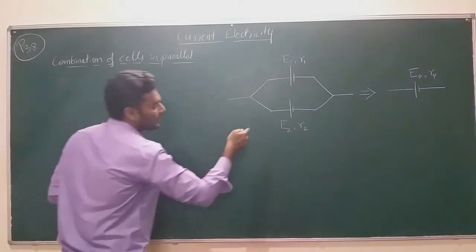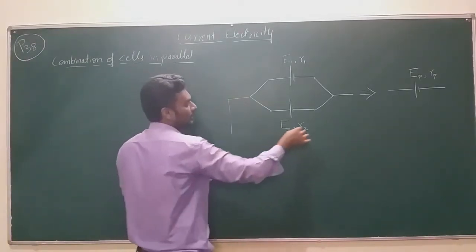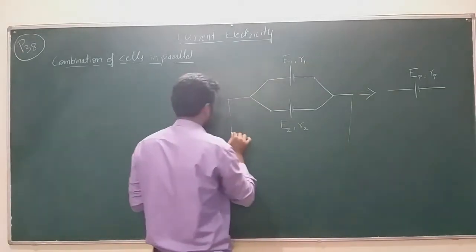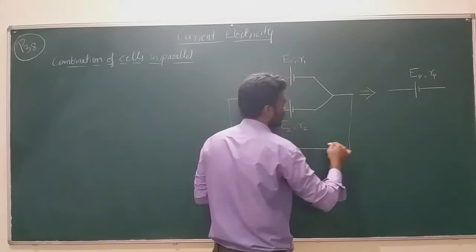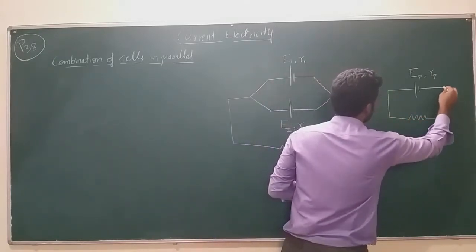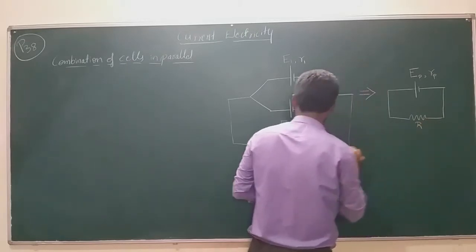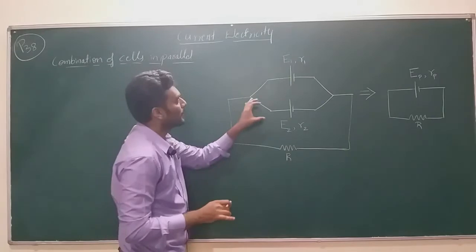Now I have not drawn the complete circuit. The complete circuit should be somewhat like this. Both of them should be connected to an external resistance like this, the same external resistance. This resistance doesn't matter, don't worry about it.